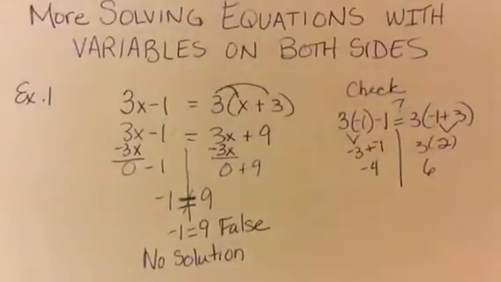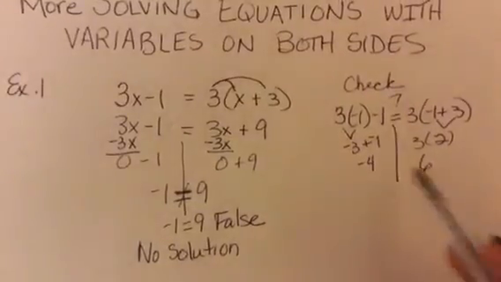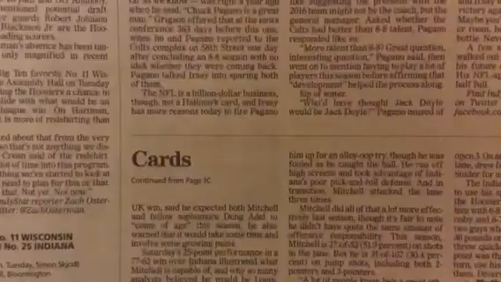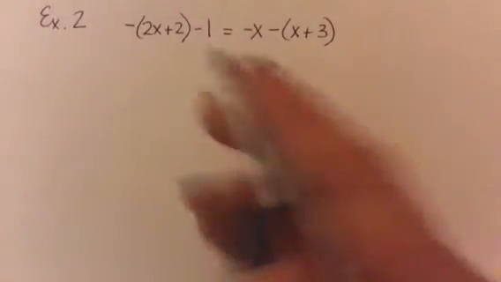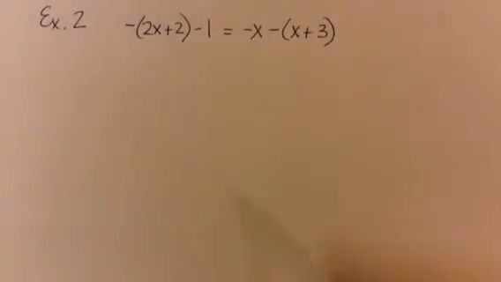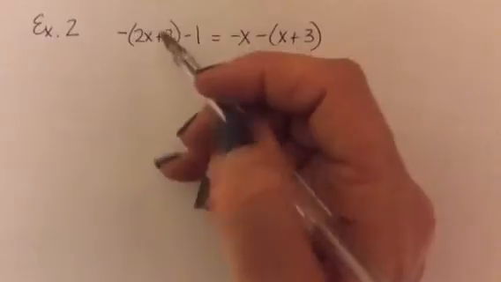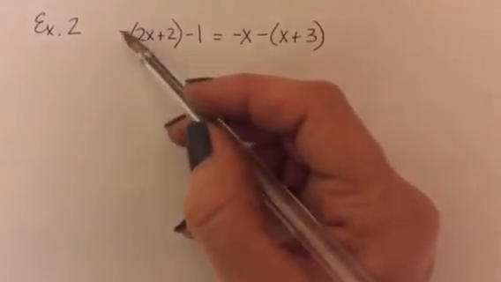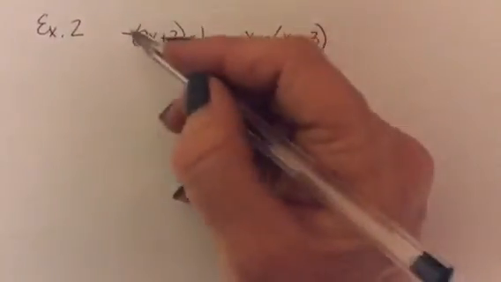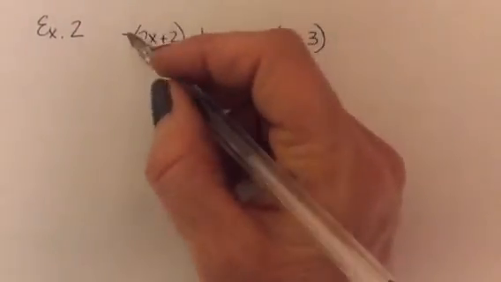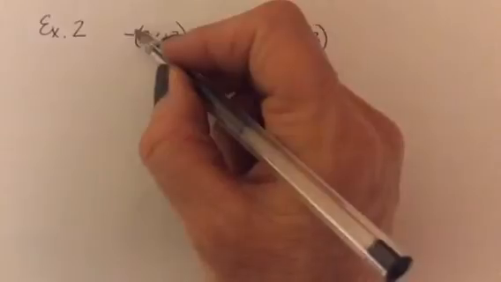Okay, so here's another example. And you can check any number you want. It won't work. Okay, so let's go to the next example. So this example, example 2, now this looks a little different, but you have this negative outside the parenthesis. Well, this means the opposite of everything in here. Or, if there's no number in front, we could say there's a negative 1 if you'd rather do that.